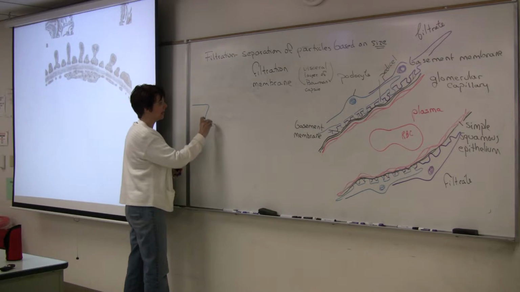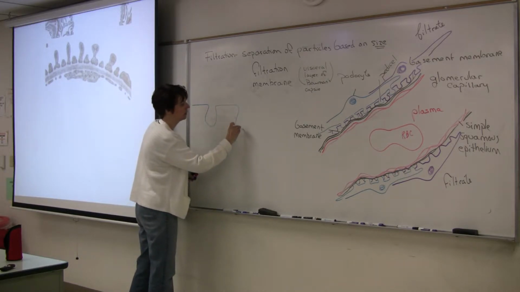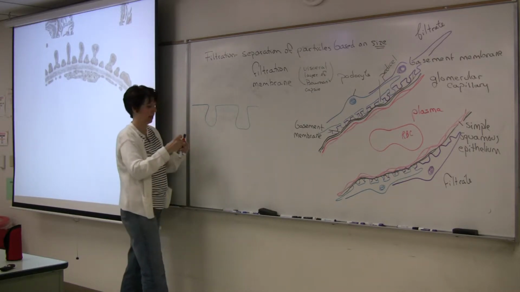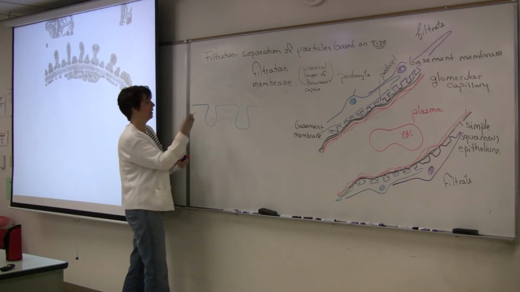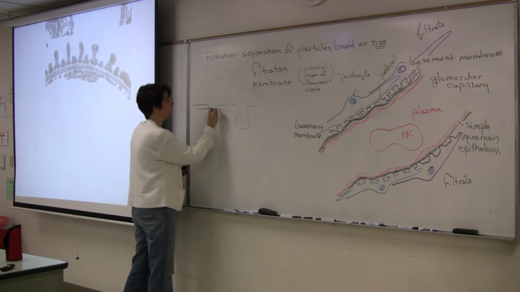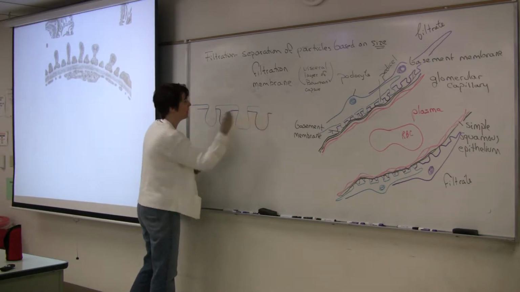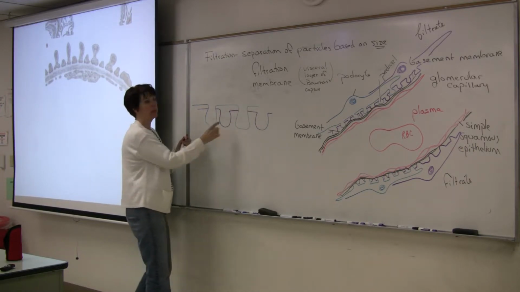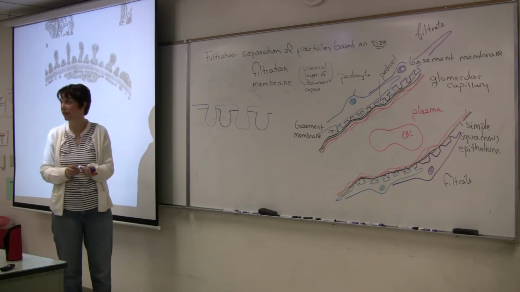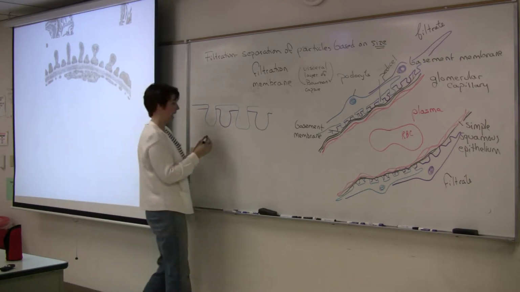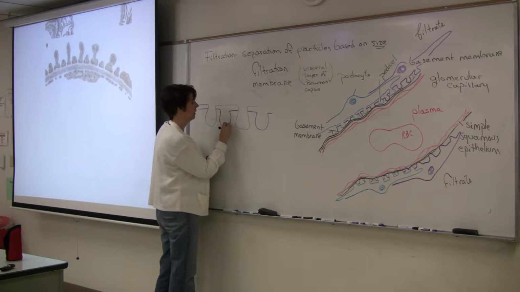So here's a pedicel of one podocyte, and here's the interdigitating pedicels of another podocyte. And there's a gap between the two. All right? There's actually a membrane that crosses that gap.